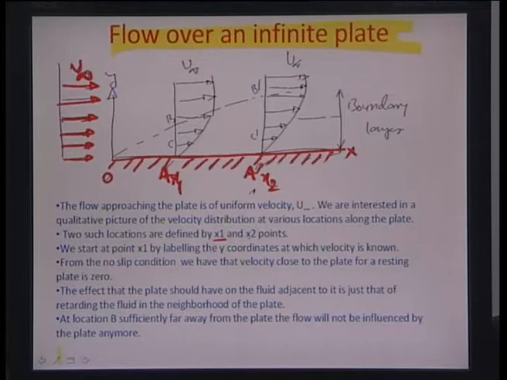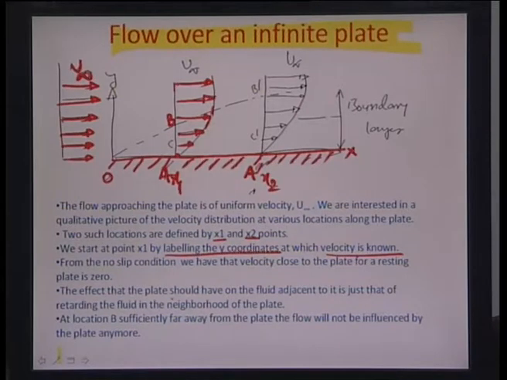Okay. So, we have x1 and x2, and we start, let us say, at point x1 here by labeling the y coordinates at which the velocity is known, and then ultimately plotting the velocity as a function of y. In the y direction, you are plotting the x velocity magnitude as it moves from x1 all the way to, let us say, the point B here.